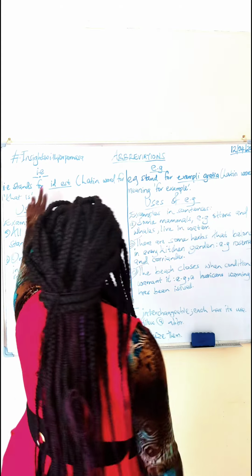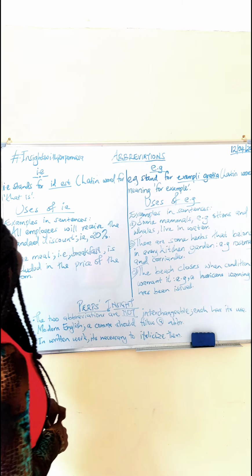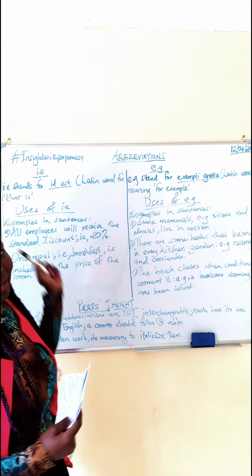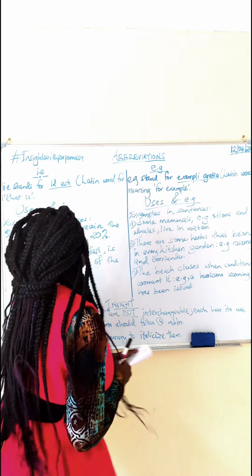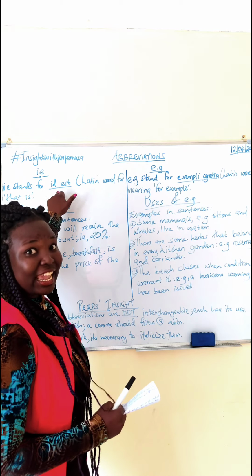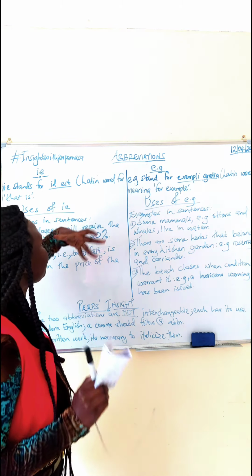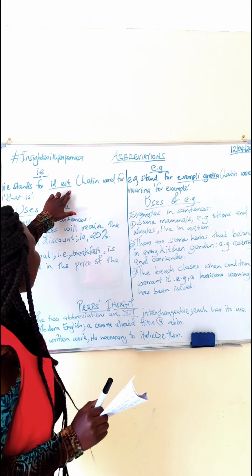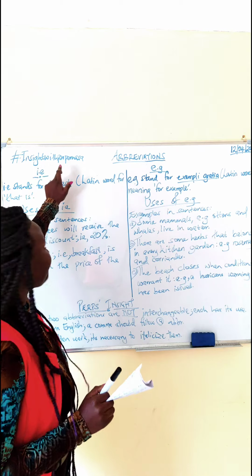So we're looking at the abbreviations IE and EG. Both words originate from Latin, and IE stands for the Latin words id est. That is the pronunciation according to how I checked it, id est. So in short, we just abbreviate it as IE.